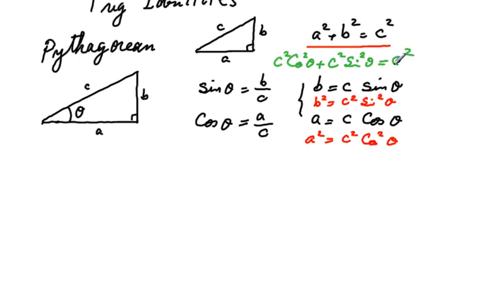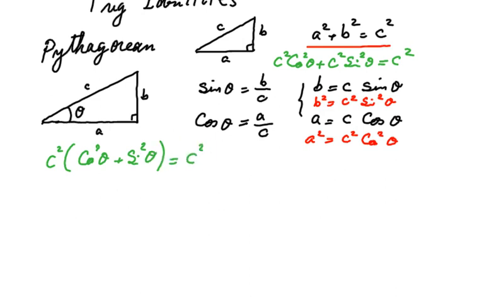C squared shows up in every term. So from the left hand side, you can either factor c squared, or you can go ahead and divide your equation by c squared. If I factor c squared, I get c squared times cosine square of theta plus sine square of theta. On the right hand side, I have c squared.